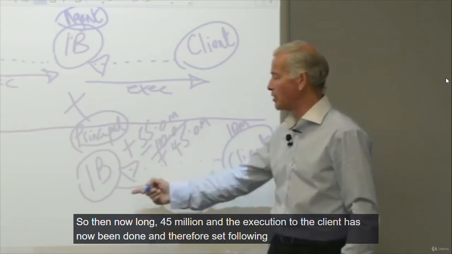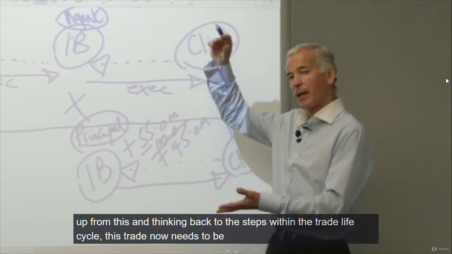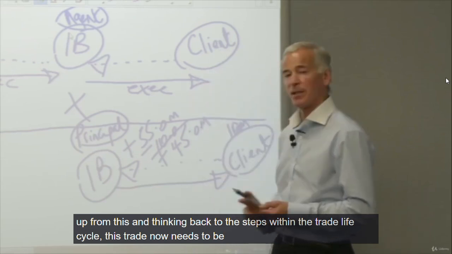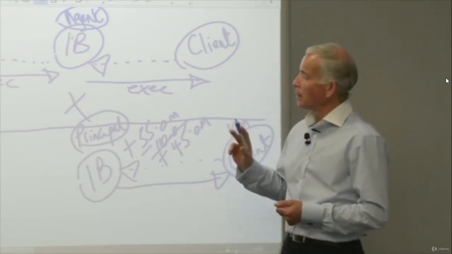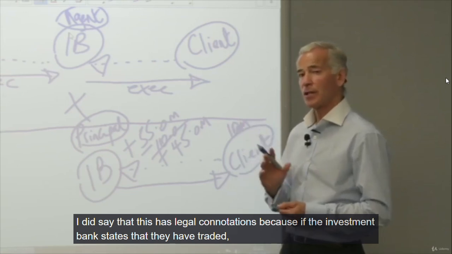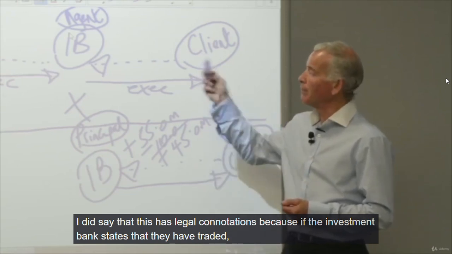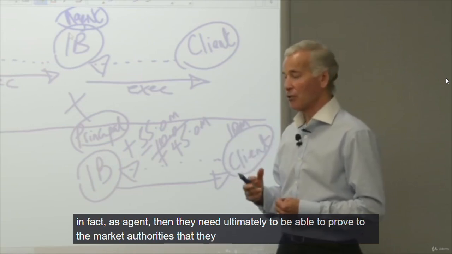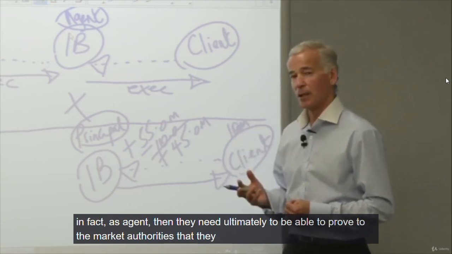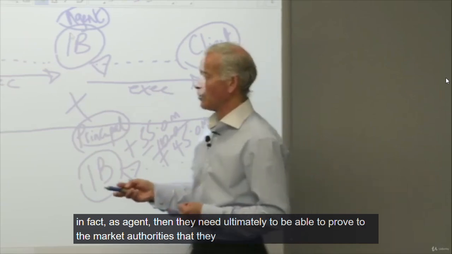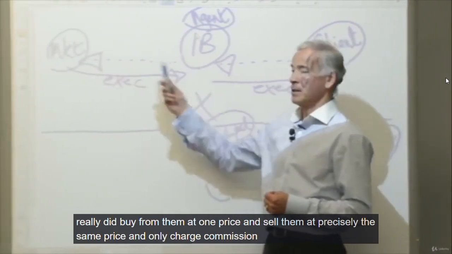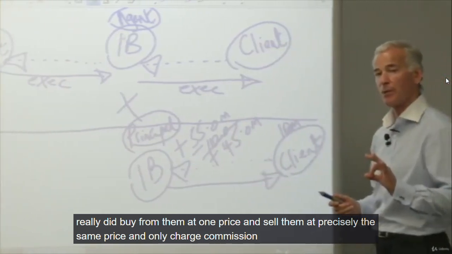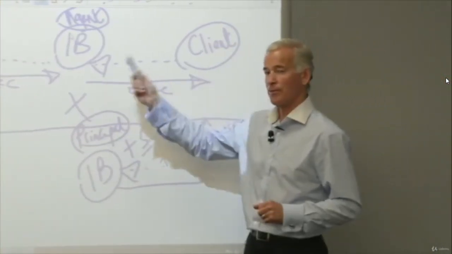And therefore, following up from this and thinking back to the steps within the trade life cycle, this trade now needs to be settled. I did say that this has legal connotations because if the investment bank states that they have traded, in fact, as agent, then they need ultimately to be able to prove to the market authorities that they really did buy from them at one price and sell to them at precisely the same price and only charge commission here.